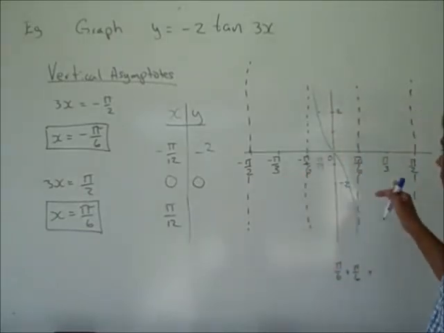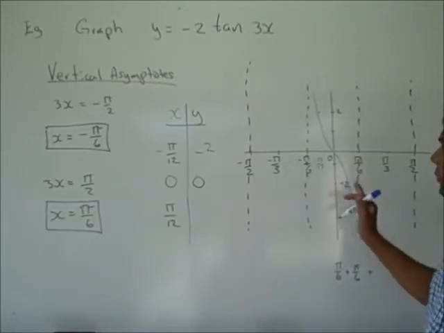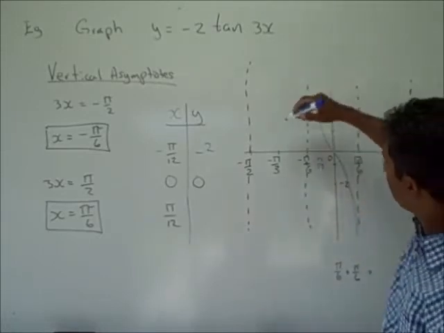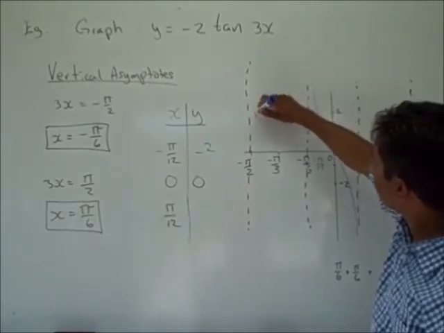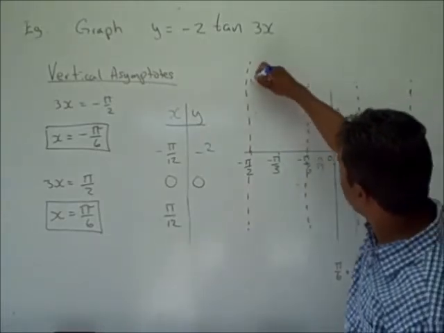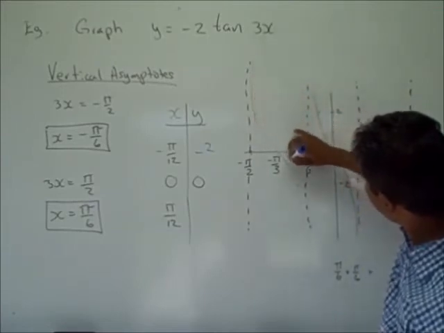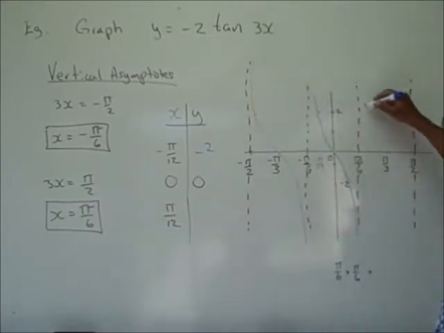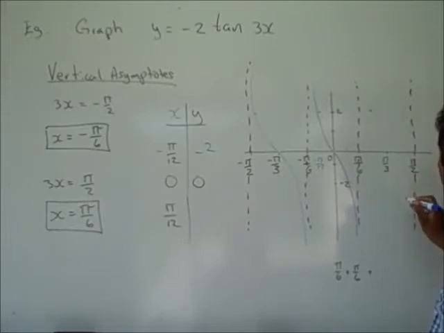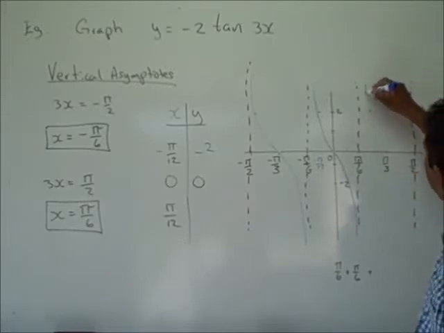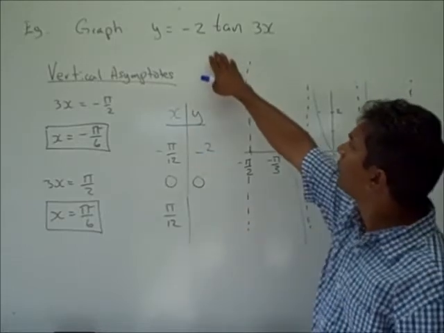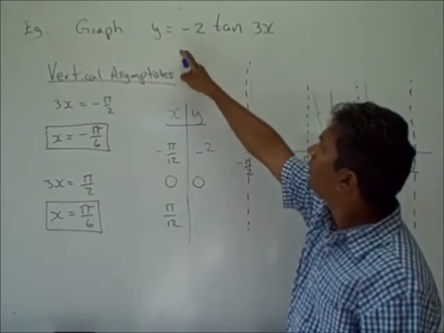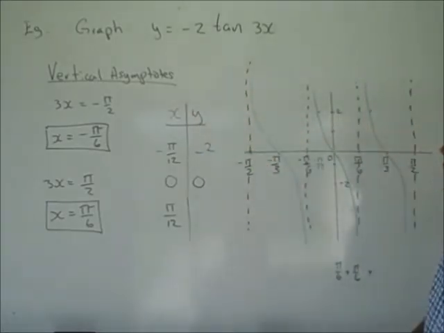Similarly, the graph in the other two periods on the right and the left will be the same. So here we have 2 and negative 2. So this would be the graph of our equation y is equal to negative 2 times tan of 3x, showing 3 periods.